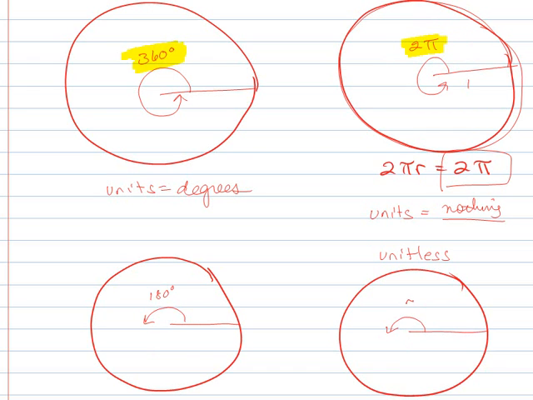So if the circle is 360, if I go half the circle, I should go half the radians. So really it's just pi. And this is actually the conversion that we use most frequently, that pi is the same thing as 180 degrees. Okay, pi radians is 180 degrees.